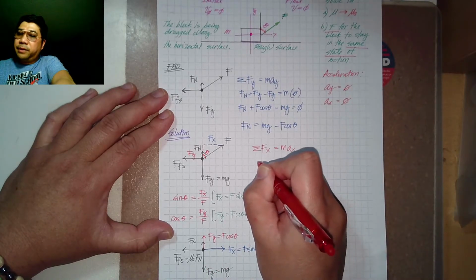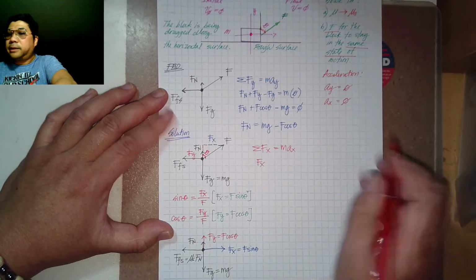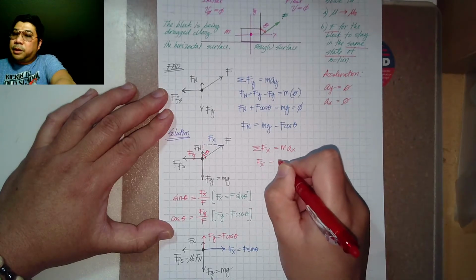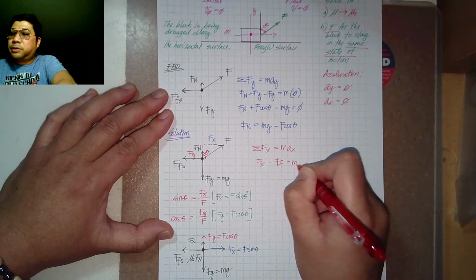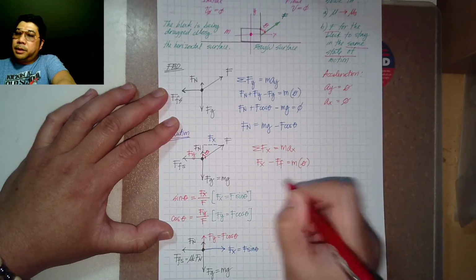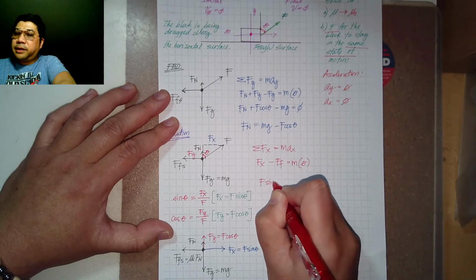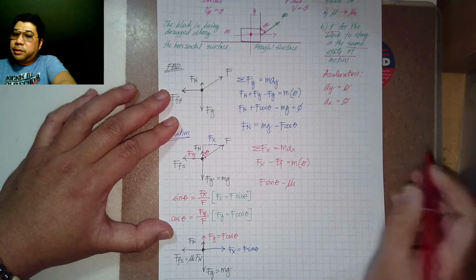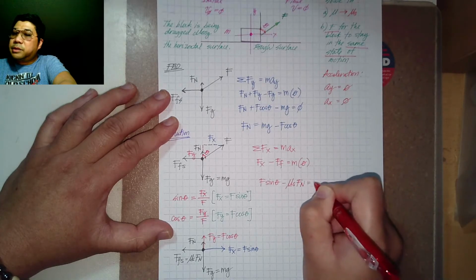So let's have F sub x, or the component of the force applied along the x-axis, minus the force of friction, static friction to be exact, equals mass multiplied by the acceleration, that is 0. So F of x is F sine theta. Again, this time it's sine theta minus mu s Fn equals 0.